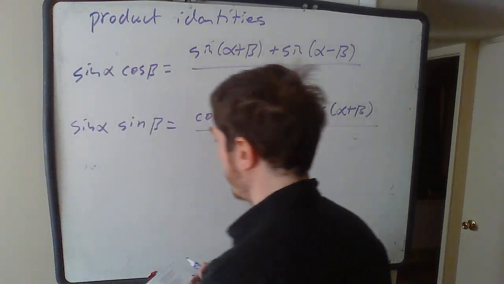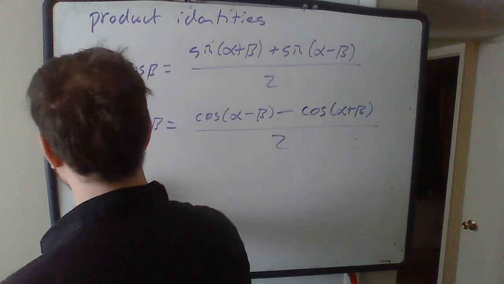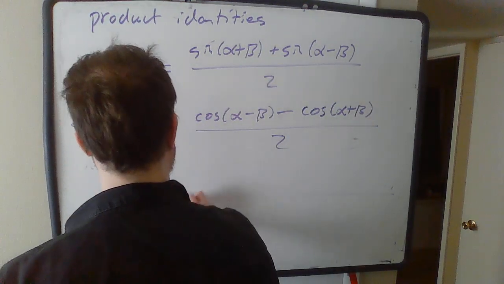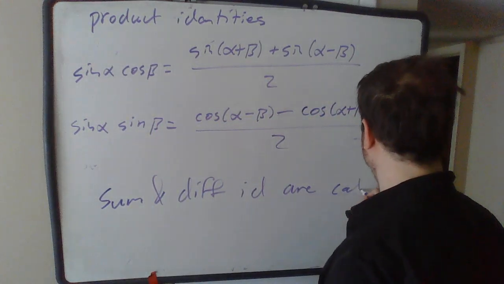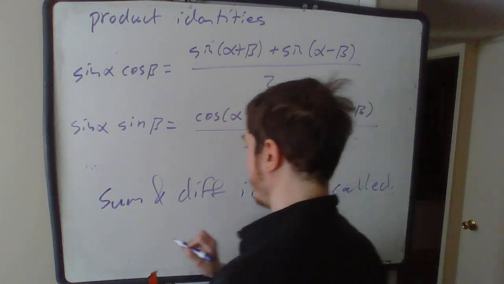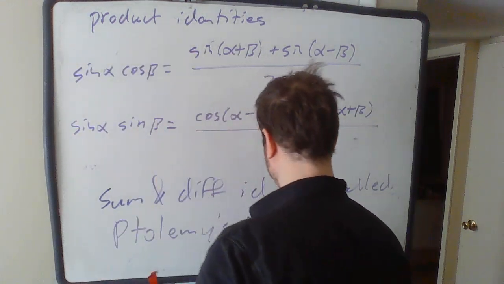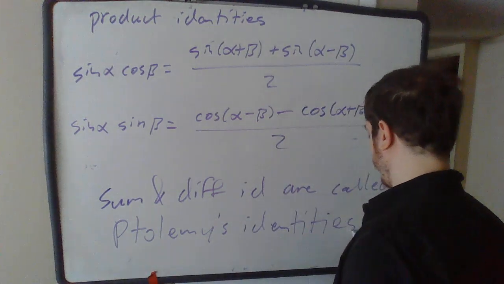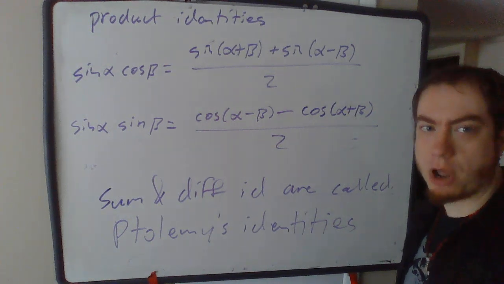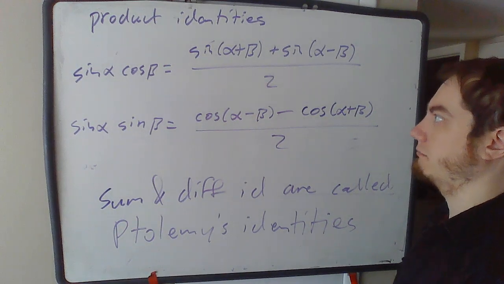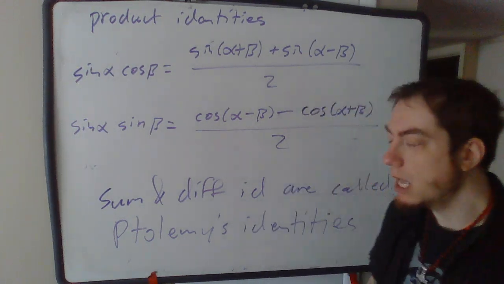By the way, I should tell you that in some sources, the sum and difference identities are actually called Ptolemy's identities. So Ptolemy was a Greek mathematician and astronomer who lived over 2,000 years ago, I believe, like 2,200 years ago. I don't remember exactly when he lived, but a long time ago.